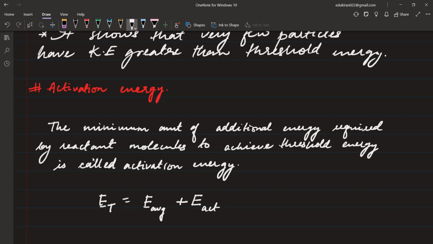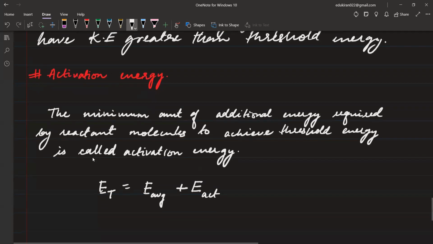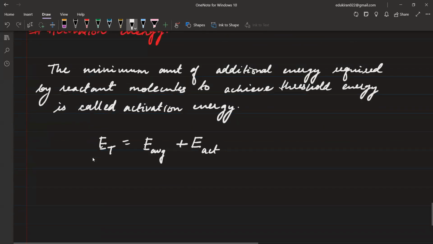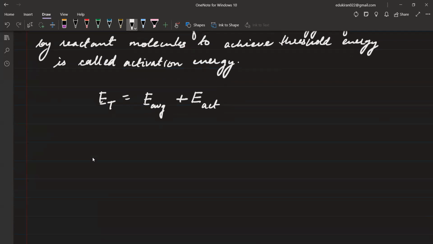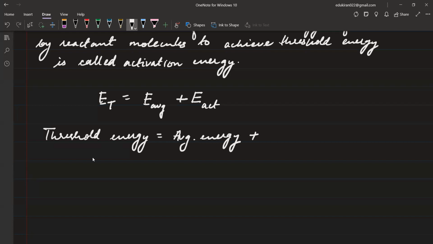Let me write this down also. Threshold energy equals average energy plus the additional energy to achieve threshold energy, that is activation energy.